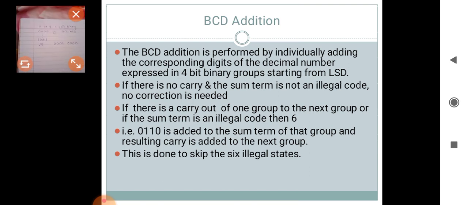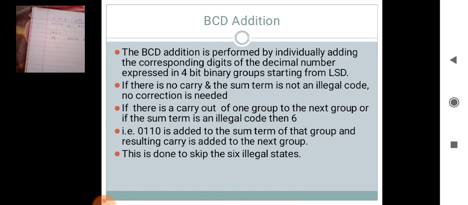BCD addition is performed by individually adding the corresponding digits of the decimal number. Generally BCD is given in decimal format initially. So first, what is the procedure?